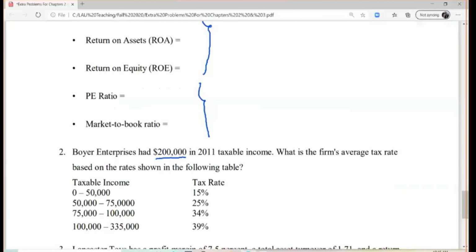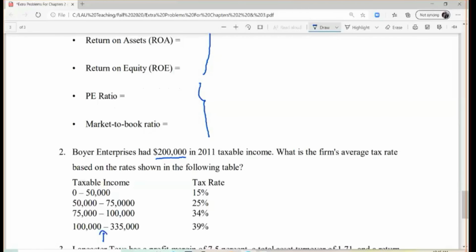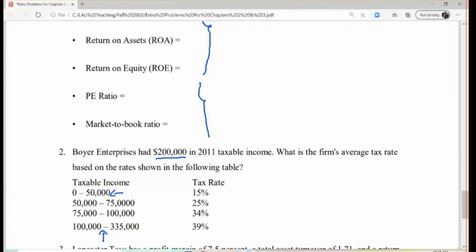It's within the tax bracket between 100,000 and 335,000. So for the first three tax brackets, I'm gonna take the full tax bracket. For that first tax bracket here, this is the upper limit 50,000 minus the lower limit 0. So here I have 50,000.